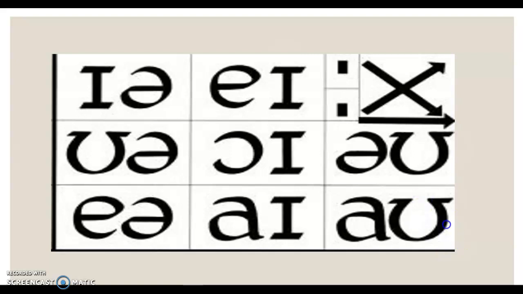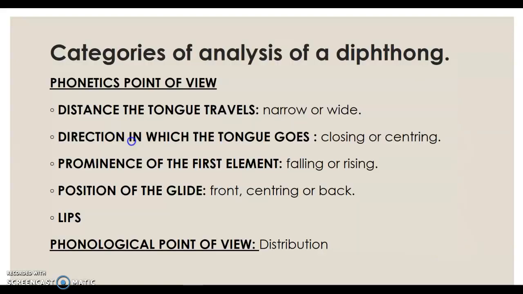Now, let's continue. These are the categories of analysis of a diphthong. We can analyze a diphthong bearing in mind the phonetics point of view, that means the description of the sound itself, and bearing in mind the phonological point of view, that means how the sound is located in English words in this case.